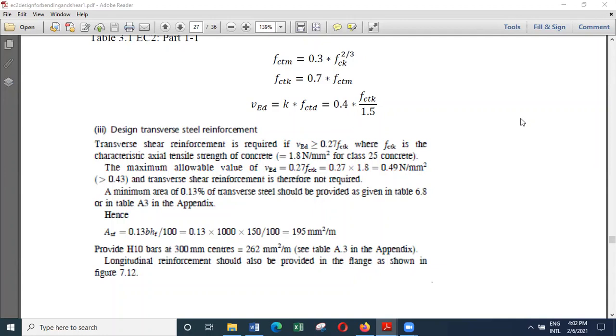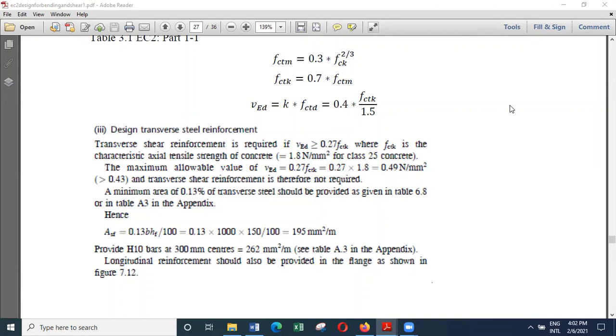Generally, this is not a very serious situation under normal conditions, because we'll have a lot of hogging reinforcement which will be continued, and in addition you will have the bottom reinforcement also continuing onto the beam.